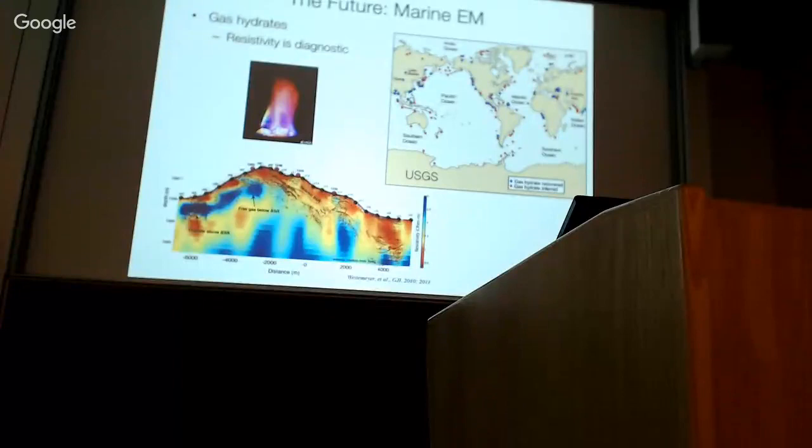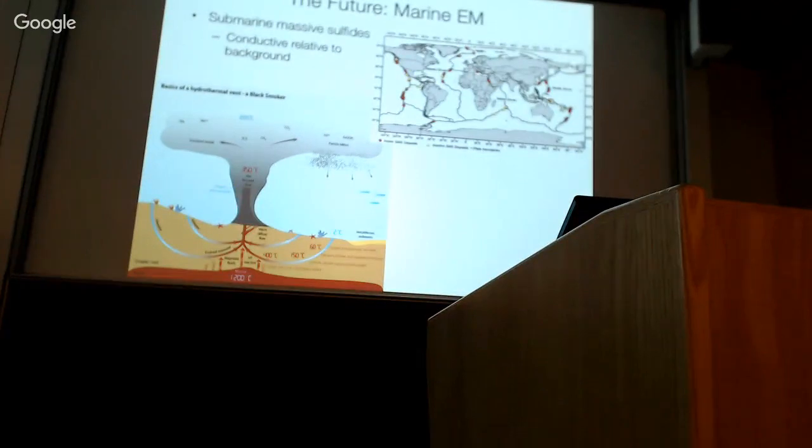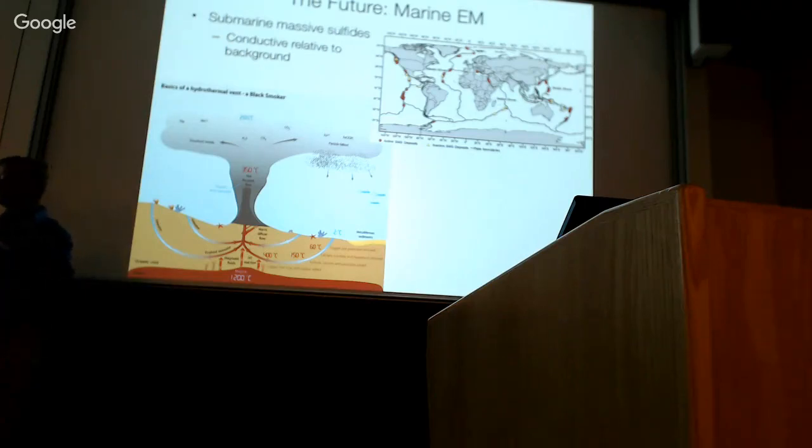Marine EM, we haven't talked very much about it, but there are gas hydrates. So around the world, here are hydrate concentrations, and the Japanese are going to be mining this very soon, within the next year or two. Then there are massive sulfides. We get these big smokers along the various ridges.